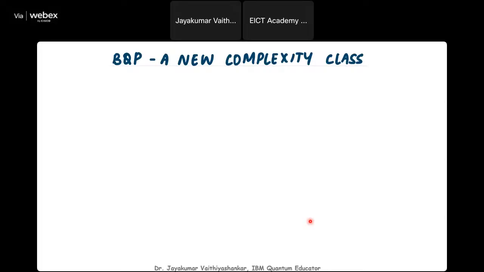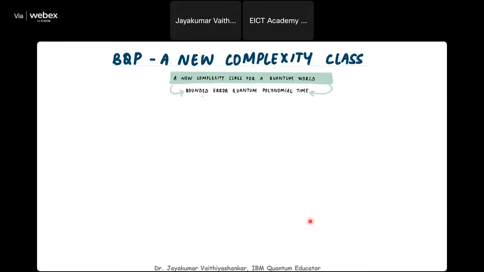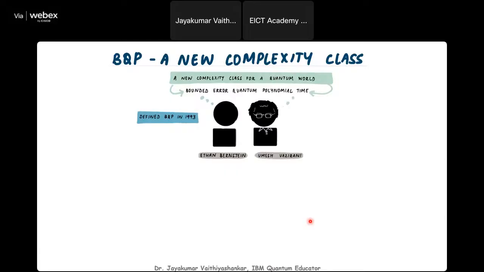BQP is a new type of complexity class apart from class P and class NP. BQP stands for bounded-error quantum polynomial time. It was proposed by Ethan Bernstein and defined in 1993, along with Umesh Vazirani.